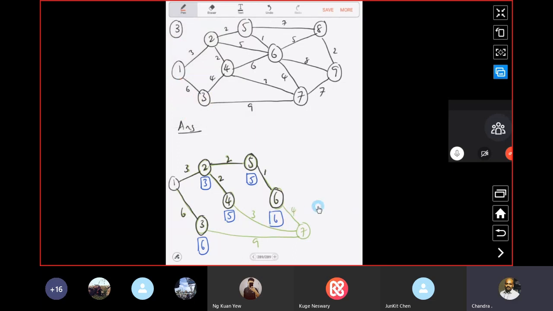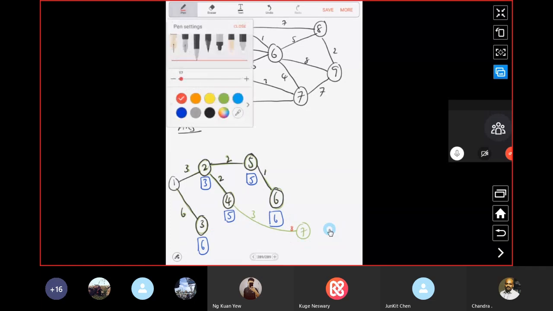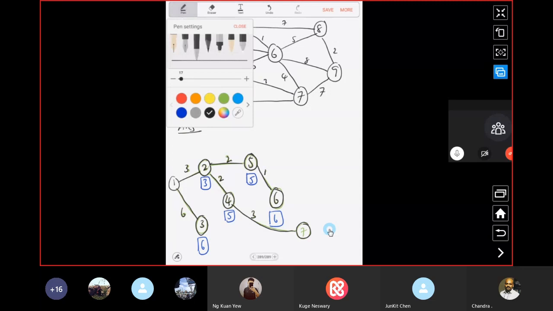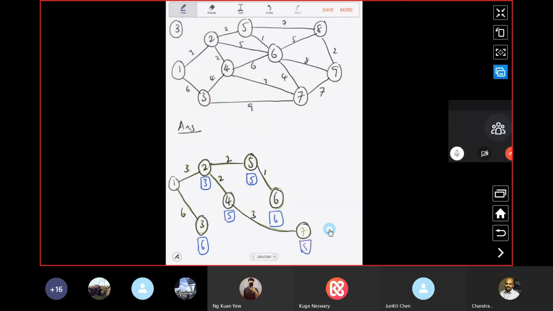Six plus 4, 10. 5 plus 3, 8. 6 plus 9, 15. Which is the shortest? 8. This is 8.